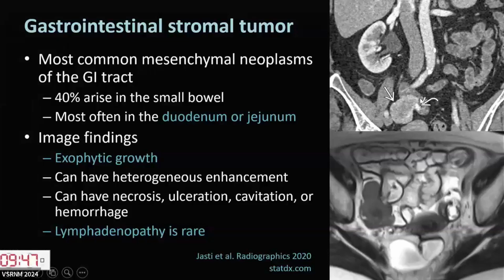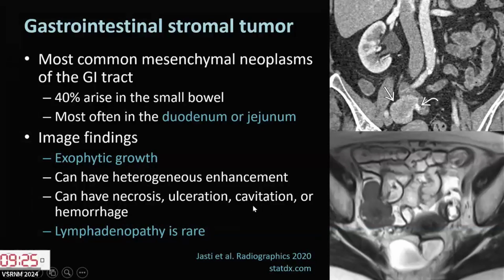On imaging, the tumor grows exophytically outside the lumen, and it can grow very large. When it becomes larger, it will have heterogeneous enhancement and may have necrosis, ulceration, cavitation, or hemorrhage.